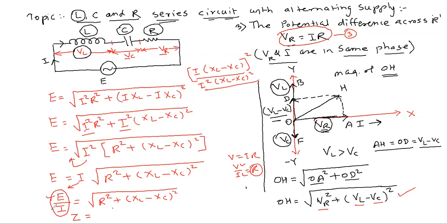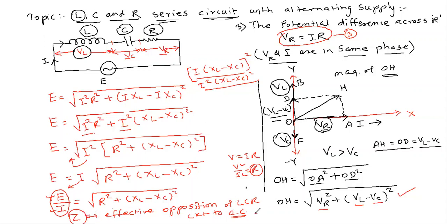Similarly, EMF upon the current is one sort of resistance, and resistance means opposition to the flow of current. This Z is the effective opposition of the LCR circuit to the AC, alternating current, and it's called impedance.